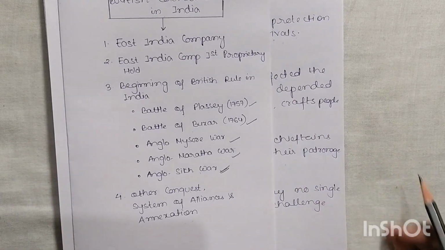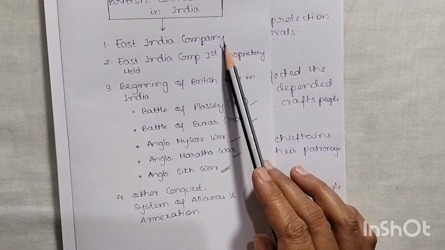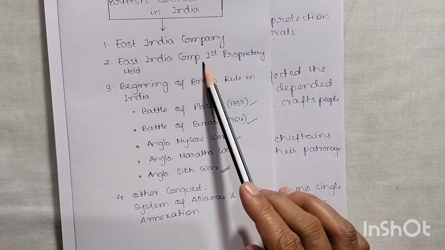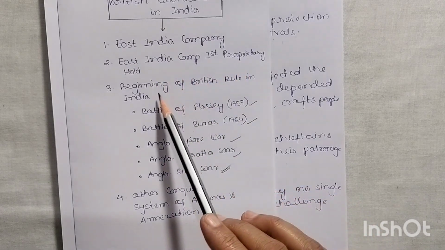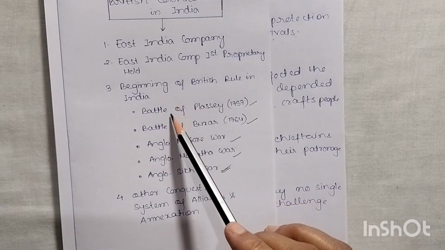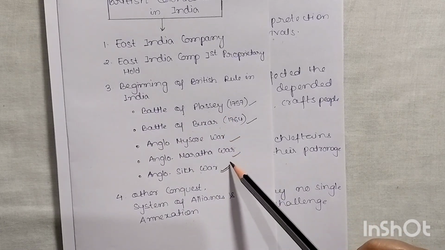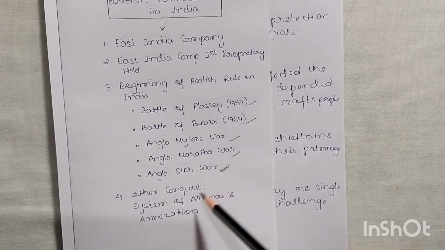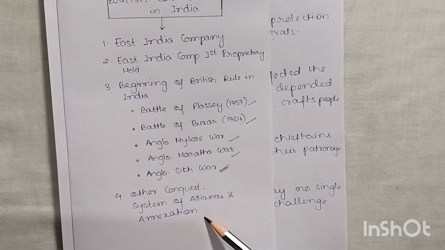Okay, so here we have seen the coming of the East India Company, then how they took their first proprietary hold on a piece of land, and then how British rule started with the Battle of Plassey, then the Battle of Buxar, Anglo-Mysore War, Anglo-Maratha War, Anglo-Sikh War. And here we have seen some conquests, that is the Battle of Panipat, then the system of alliances, the Doctrine of Lapse, and then the annexation, right?